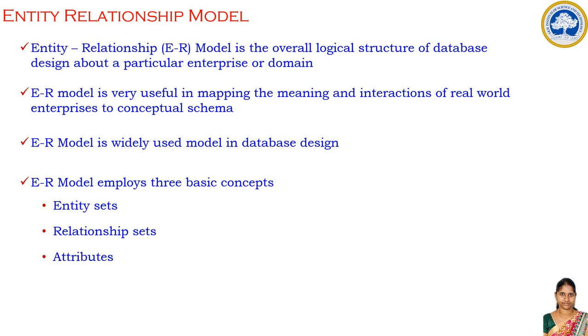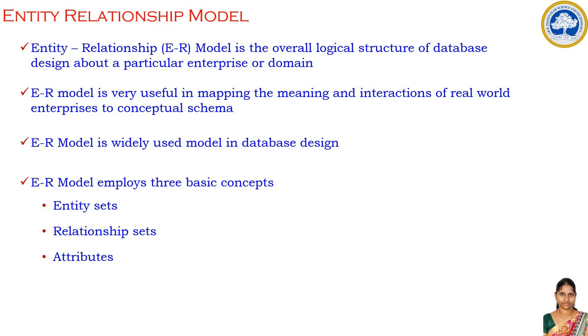Then we have to identify the attributes of that particular entity. What is an attribute? What are all the details we are expecting from the entity, and what is going to be involved under the application?